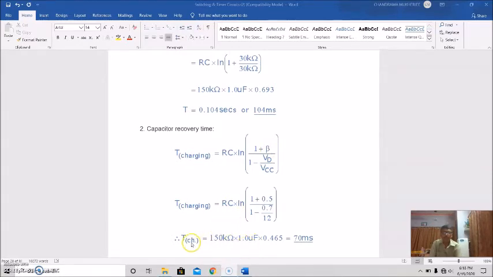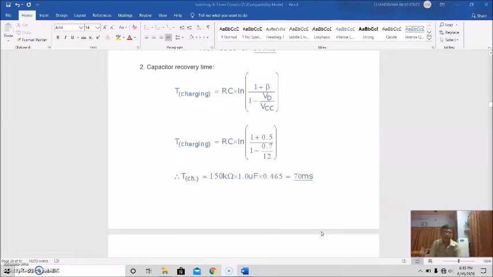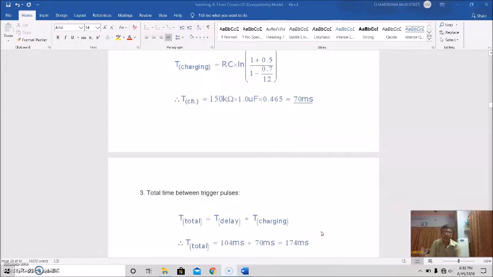Putting these values, the charging time will be 70 millisecond. Now the total time between trigger pulses will be delay time plus charging time. The charging time is 70 millisecond and the delay time is 104 millisecond, so it comes to 174 millisecond.